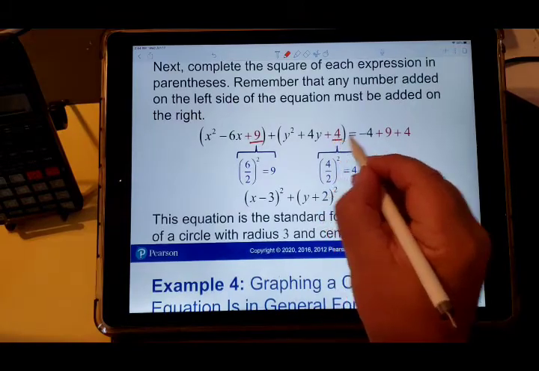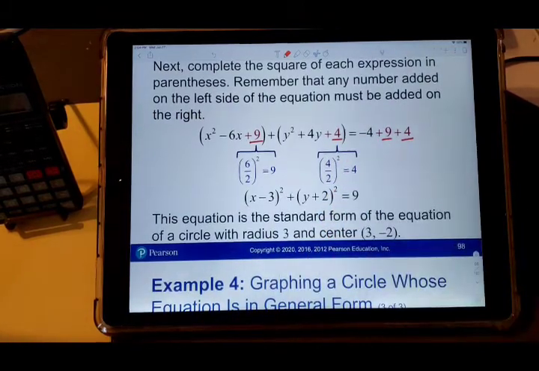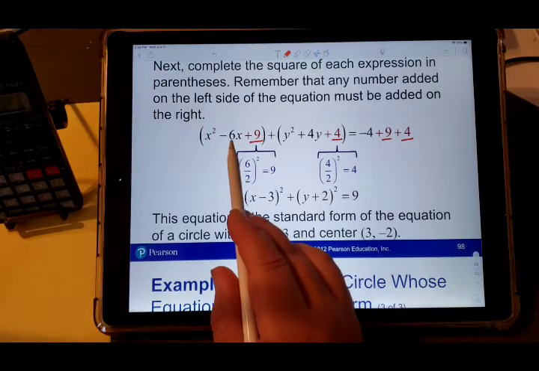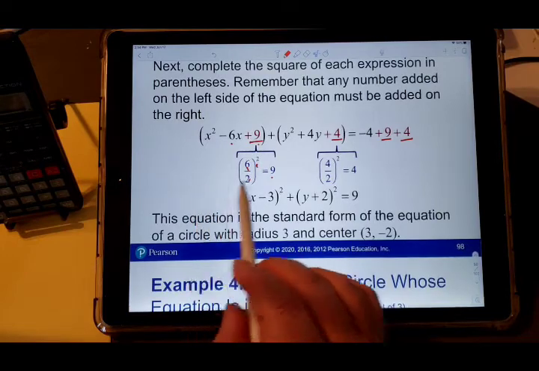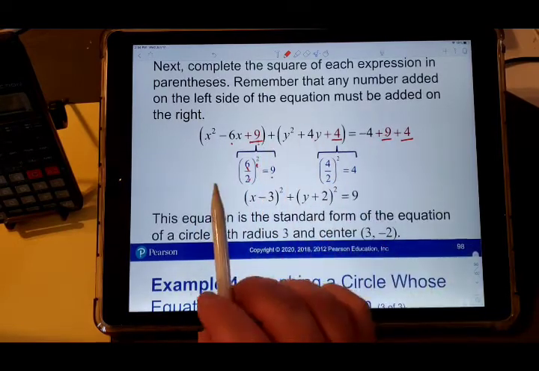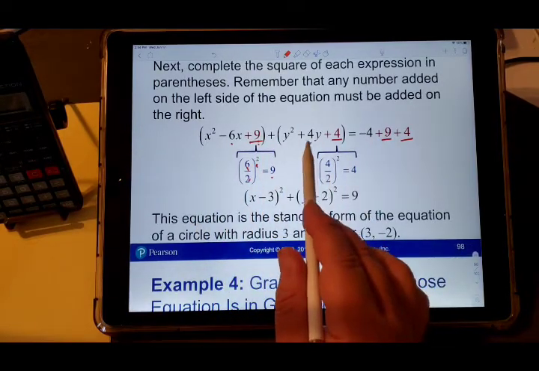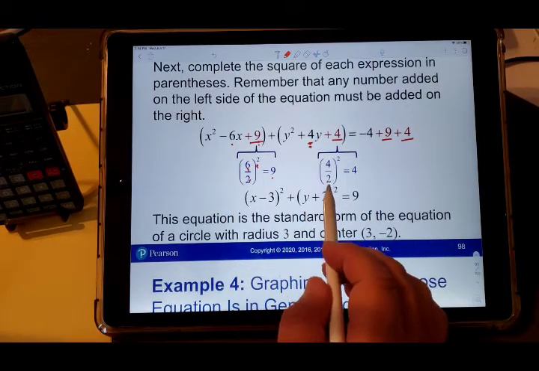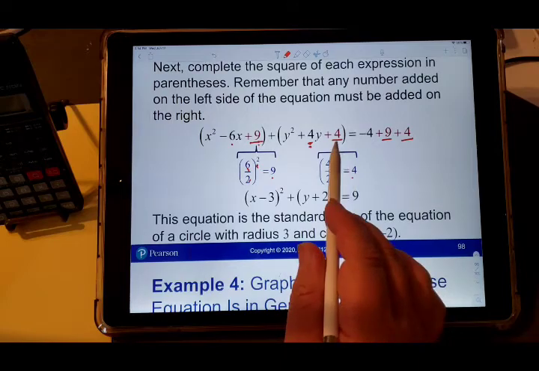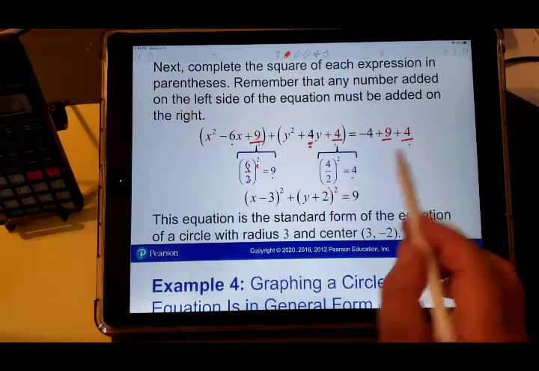The author added, and this should look familiar from just the little bit that we've talked about already. If I take this 6, cut it in half and square it, I get 9. That's why it's 9. If I add 9 on one side, I got to do it to the other. Take this 4, there's 4s all over the place, but take this 4, divide it by 2 and square it, I get 4. 4 is what I add there, and I'll add it here as well.